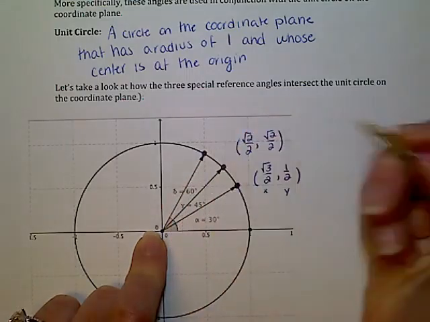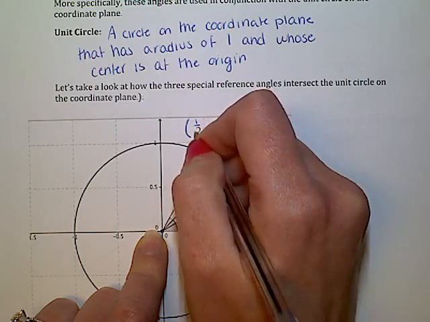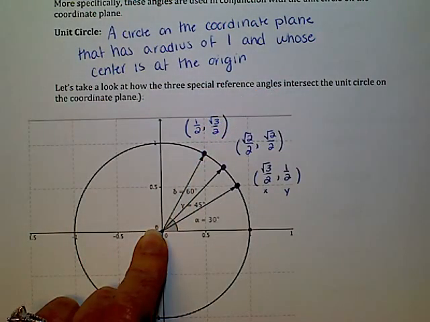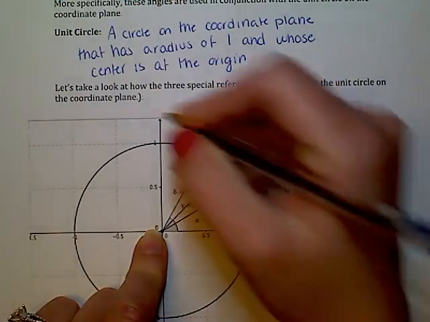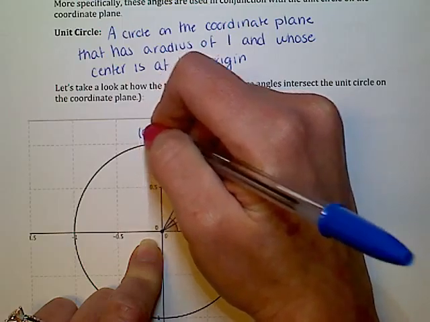And then 60 degrees, it's actually very similar to 30 degrees, except you flip-flop the points. Might also be helpful to realize down here at 0 degrees that that's 1, 0 because of the unit circle. And up here at 90 would be 0, 1.